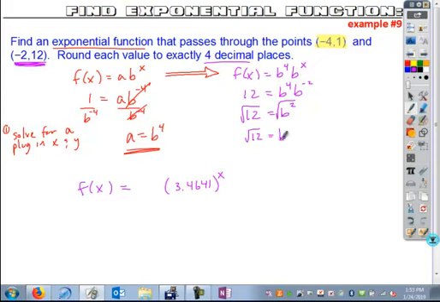My a value is b to the 4th, and if b is the square root of 12 to the 4th, the square root cancels, so I get 12 squared, and 12 squared is 144. And so this would be my equation.